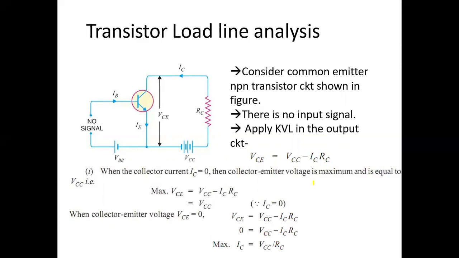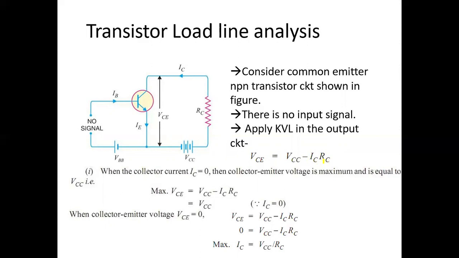By applying Kirchhoff's voltage law in the output circuit, we can write VCE is equal to VCC minus IC RC. When the collector current IC is 0, the collector emitter voltage is maximum and is equal to VCC.